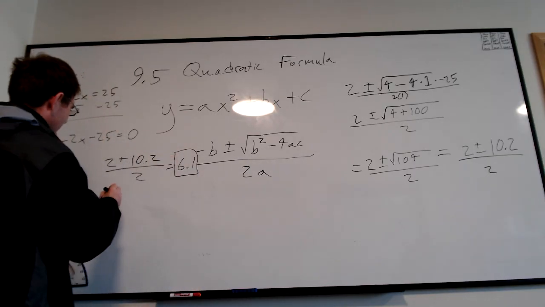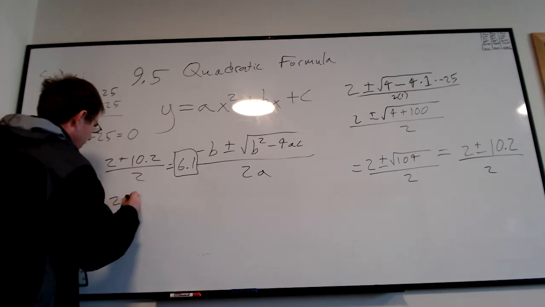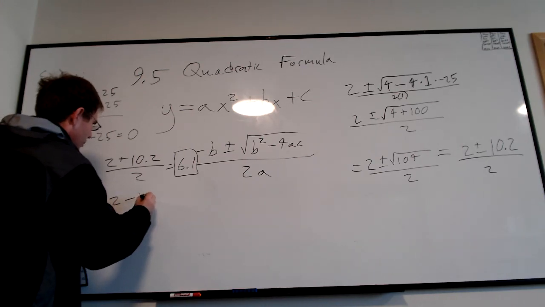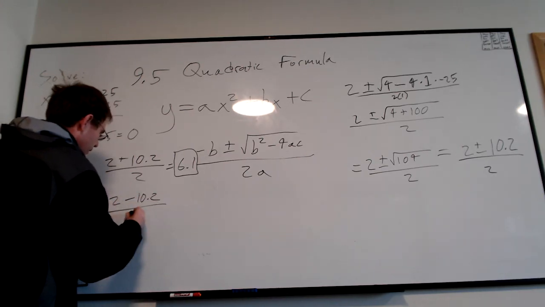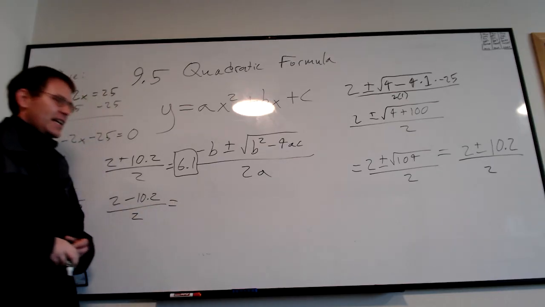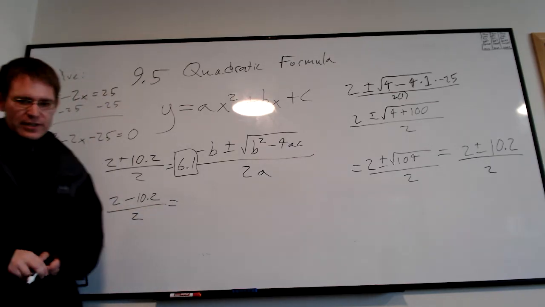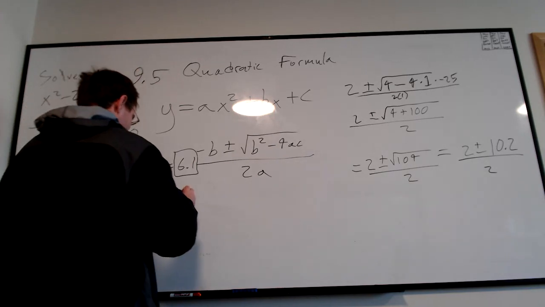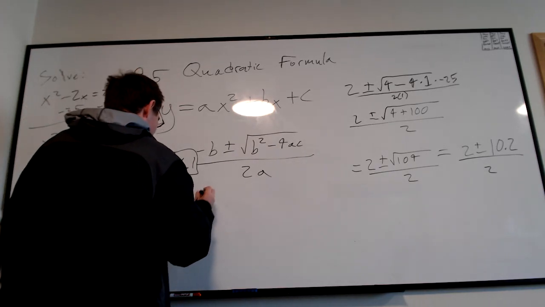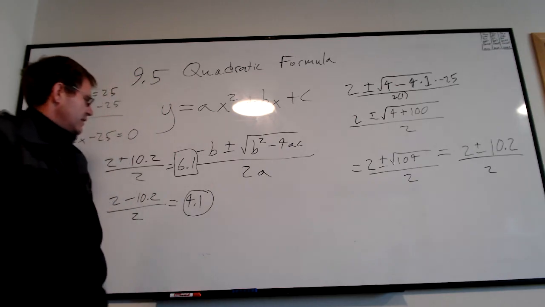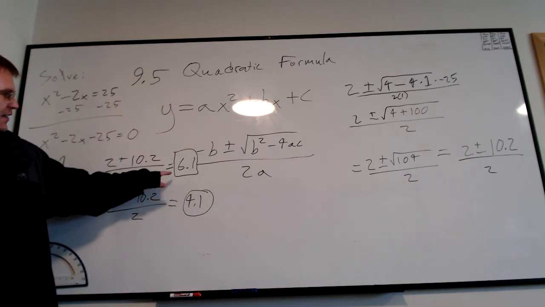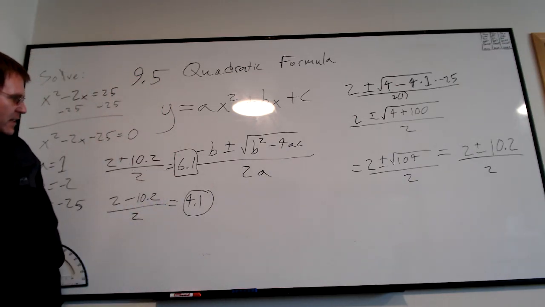So the second one is going to be 2 minus 10.2 over 2. So what does that equal? 4.1. Yeah, that's what I got. So in this case, we would have 2 solutions. There's an x-intercept at 6.1 and there's an x-intercept at 4.1.